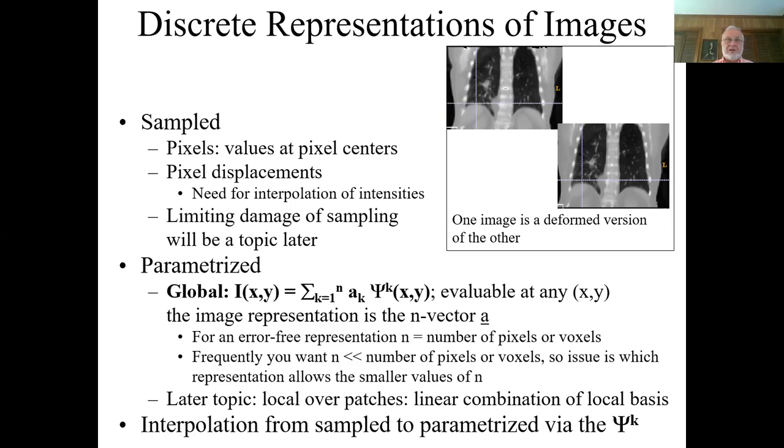So the pixel is a little square region of space. And we're going to be understanding its value, its intensity, to be at the center of that little square. In 3 dimensions, we'll have voxels. There'll be cubic entities, and we'll understand their values to be a value at the center of these voxels. So we have an array.